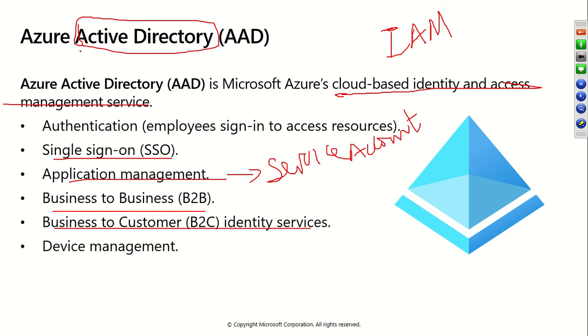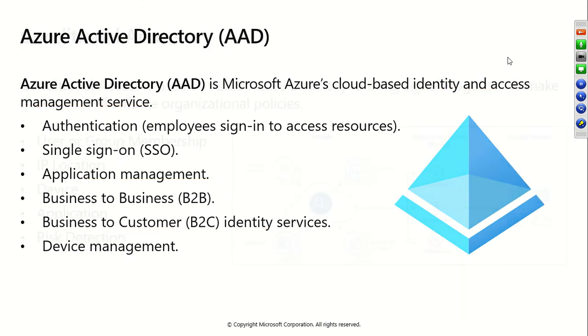You can also use it to authenticate a device. You can make sure that the devices, which we normally call endpoints, that people are using to access the resources you have in Azure actually meet certain criteria. Maybe the device must have a particular OS, or a particular application running on it. So you can achieve that with AAD.